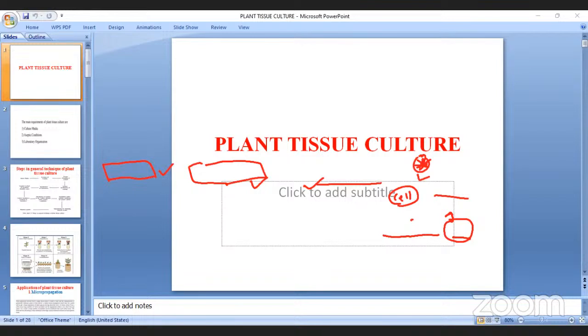These cultures are carried out in a dispersion medium, not a solid medium. This is a separated medium, a dispersion medium, and it is referred to as suspension culture.